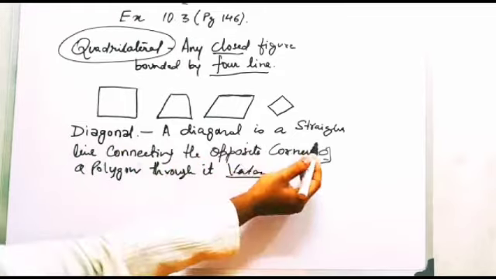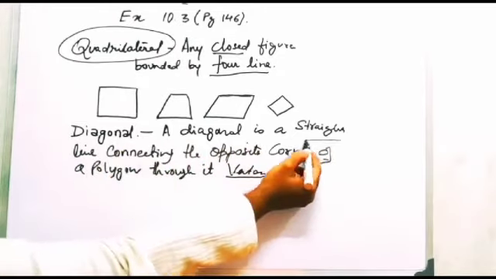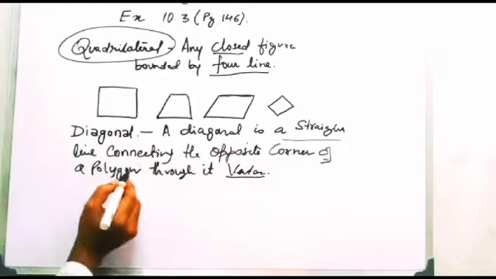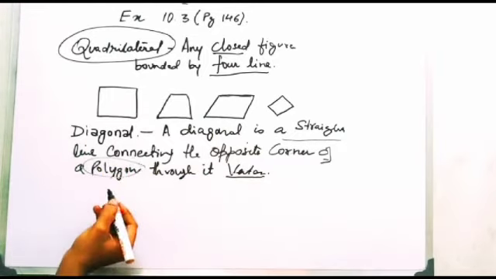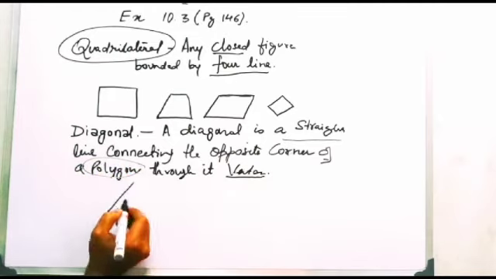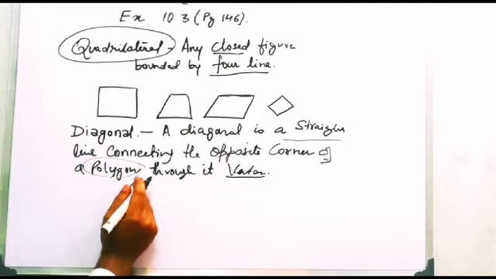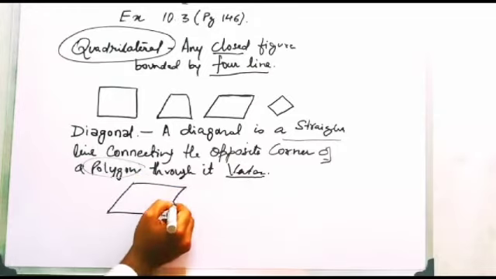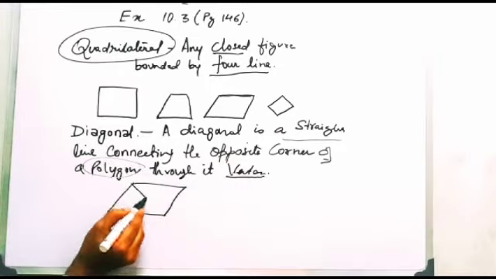A diagonal is a straight line, okay, a straight line connecting the opposite corner of a polygon. Polygon is any closed figure. As for example, this is diagonal.